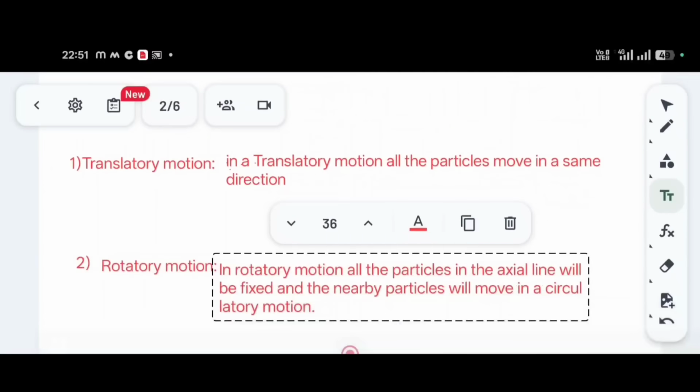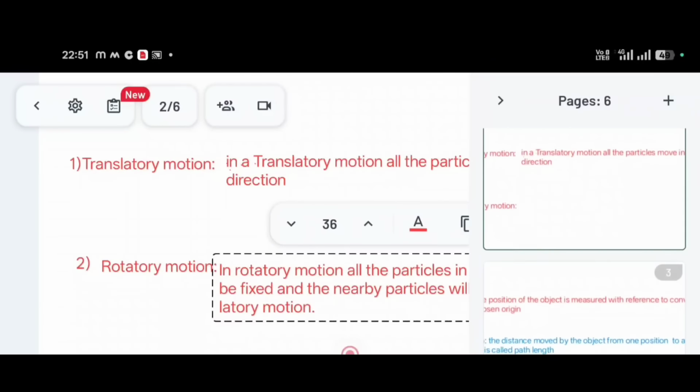So this is the difference between translatory and rotatory motion. Let us go to the next slide.